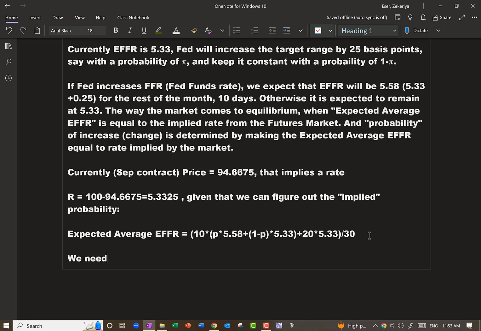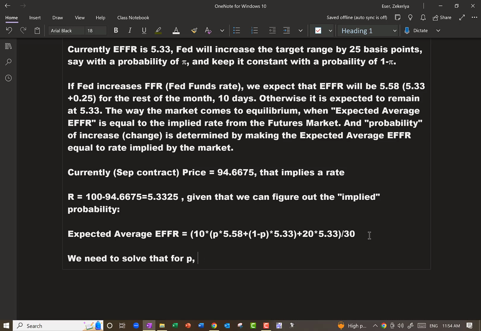So we need to solve that for P. You can do it with algebra. I mean, it's not complicated, but in any case, I'm going to give you a nice little tool that's going to calculate that for you quickly.